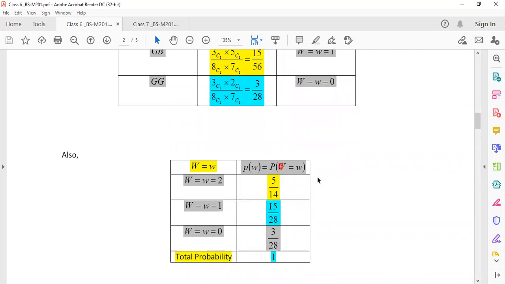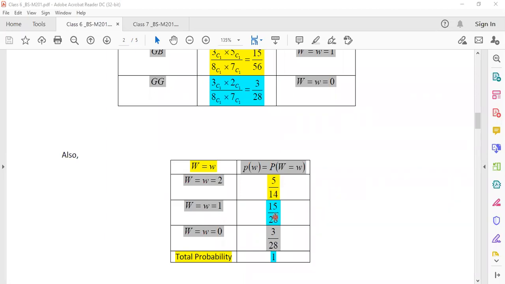Once you find all the probabilities here, you are going to take the summation of all the probabilities. And if the summation comes out to be 1, then it means your probability chart is a complete chart.